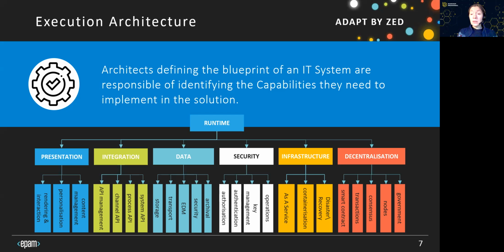And last but not least, the presentation layer. In the presentation layer, you speak about rendering and interaction, about the personalization aspects of your solution, and about the content management part. This is totally separate and normally doesn't have much that is DLT specific.